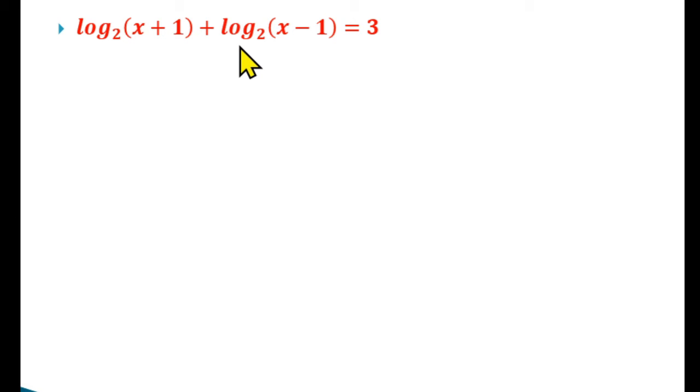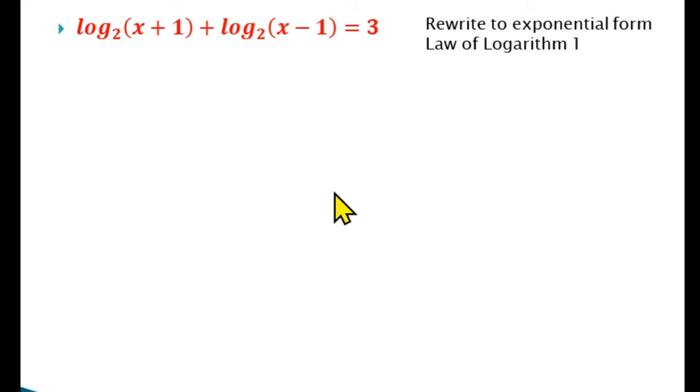And remember, class, that in our laws of logarithm, addition is equivalent to multiplication. So in order for us to solve this logarithmic equation, we need to rewrite this into its exponential form and apply the first law of logarithm.